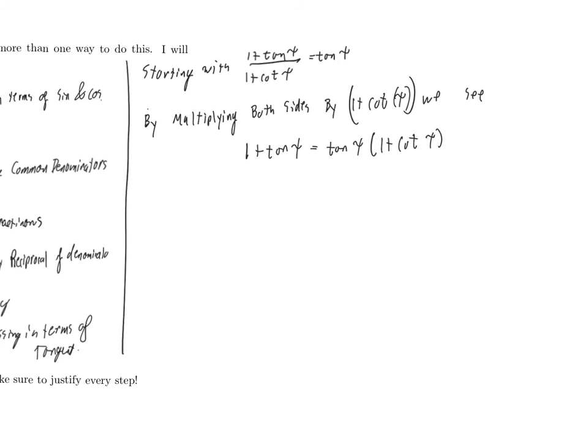All right. So I want to make the left and right hand side look the same. And let's see, imagine what would happen if we were to distribute this. If we were to distribute this out, then I would see a tangent times 1 plus a tangent times cotangent. So I at least see this tangent, which would be what we want on the other side. So let's do that.